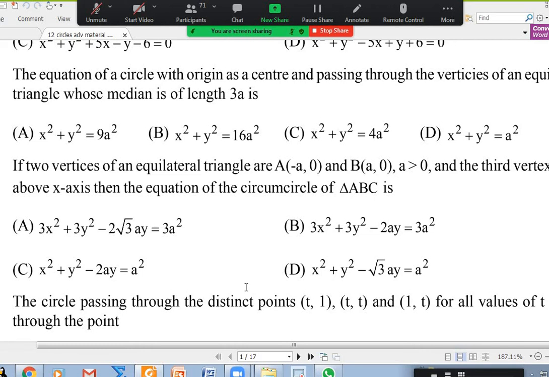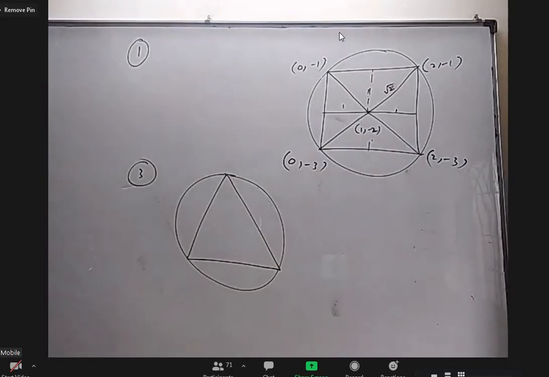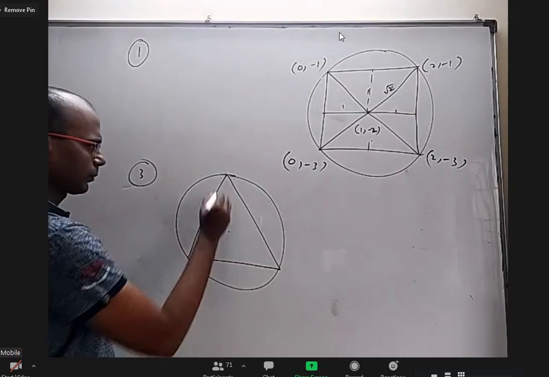Okay, third one is quite similar to another question we already done. There is a circle. In that there is one equilateral triangle whose median length is 3a. I think in exam also you got this in our mains material also there.